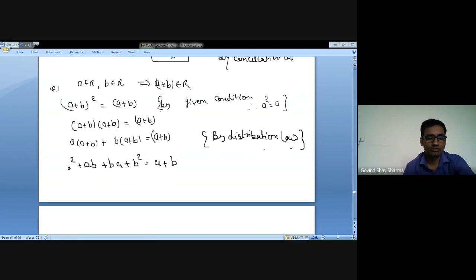Now we can write A square is equal to A times A plus BA plus A.